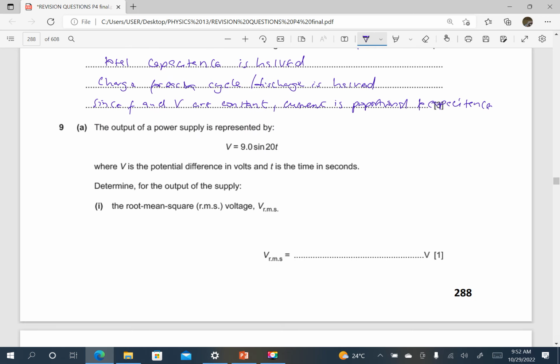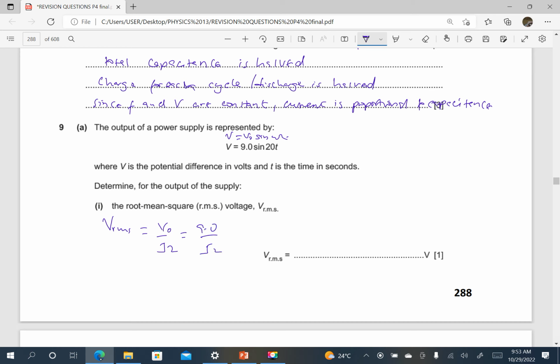The output of the supply is given like this, compare with V equals V naught sine omega t. V is the potential difference in volts and t is the time in seconds. Determine for the output of the supply the root mean square value. So we know V root mean square is equal to V naught over the root of 2. V naught is 9.0 divided by root of 2.